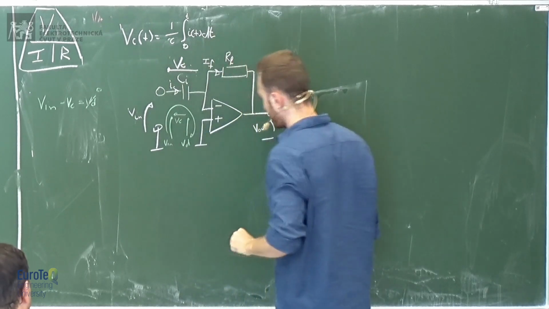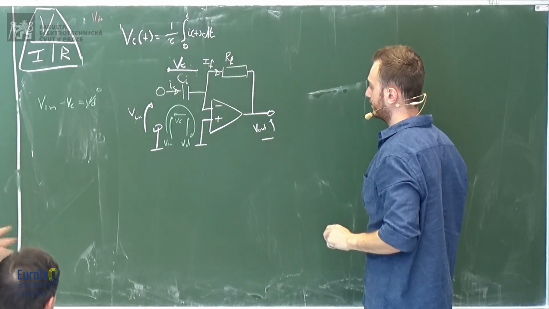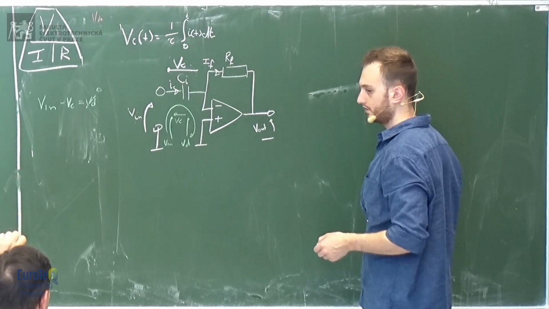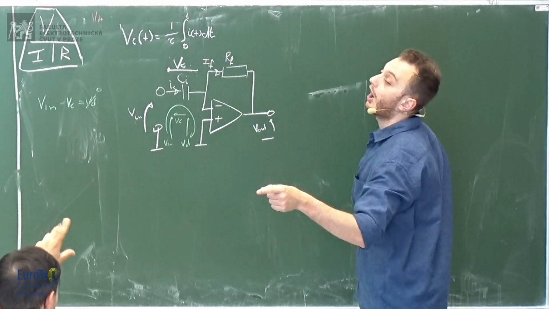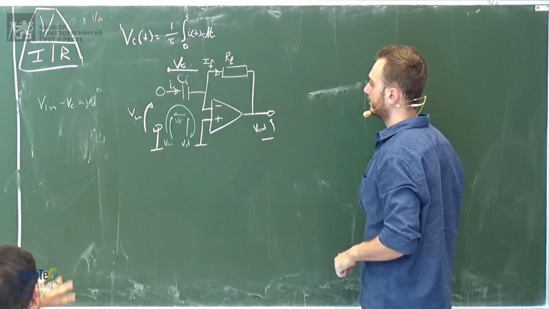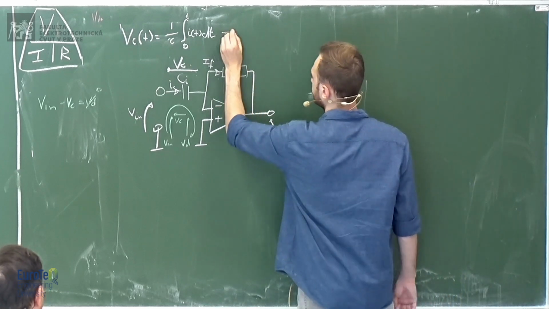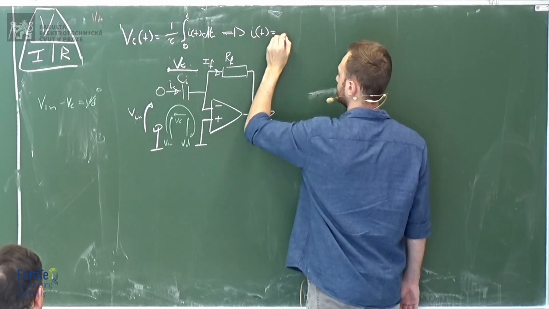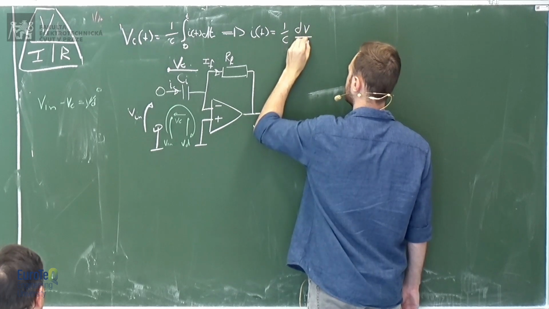So if the voltage is obtained by performing the integral of the current, it means that the current is equal to what? The derivative of the voltage. Okay, so this implies that IC is equal to 1 over C dV over dt.